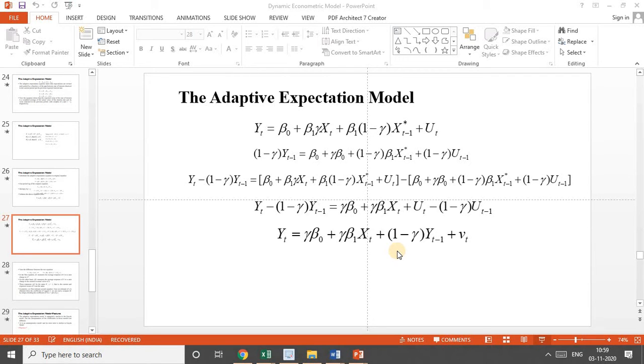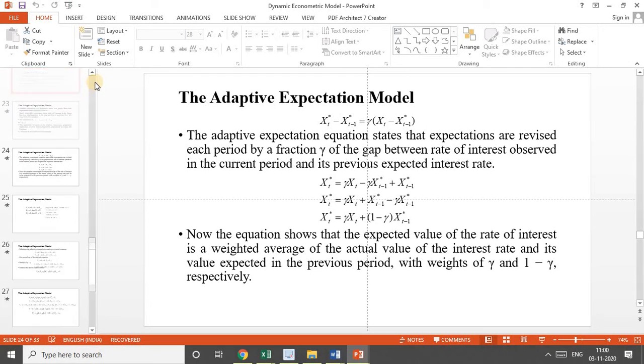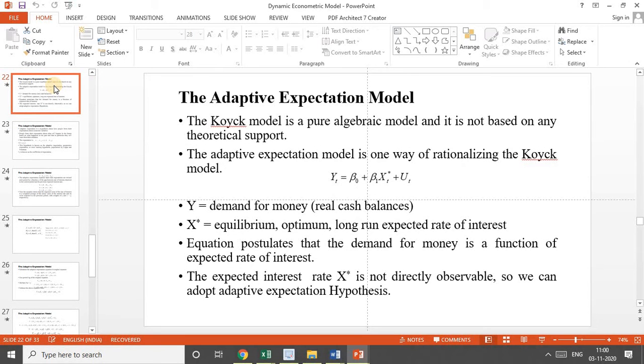The original equation was yt is equal to beta 0 plus beta 1 x star t plus u. That means yt, the demand for money, is a function of the expected interest rate.